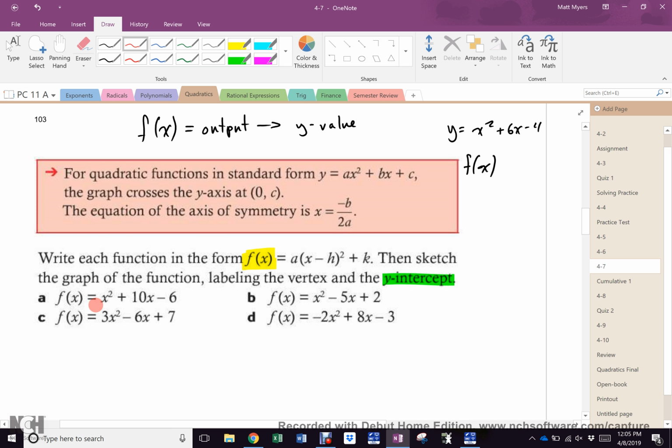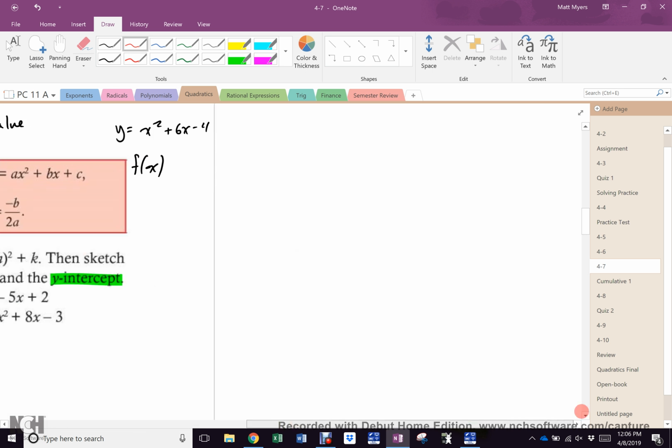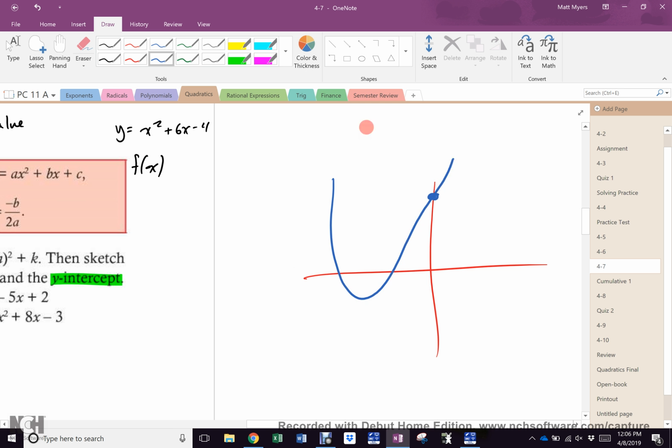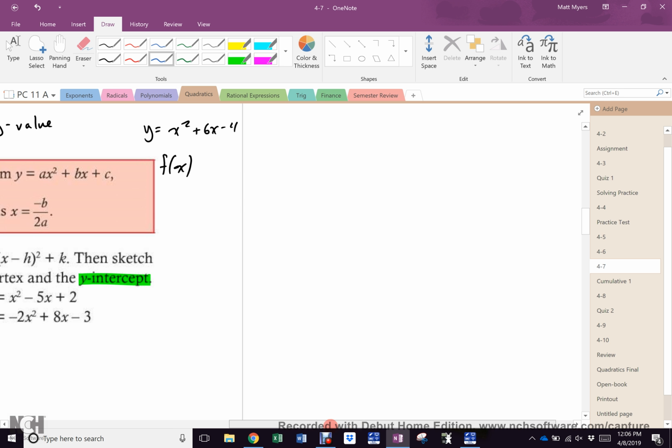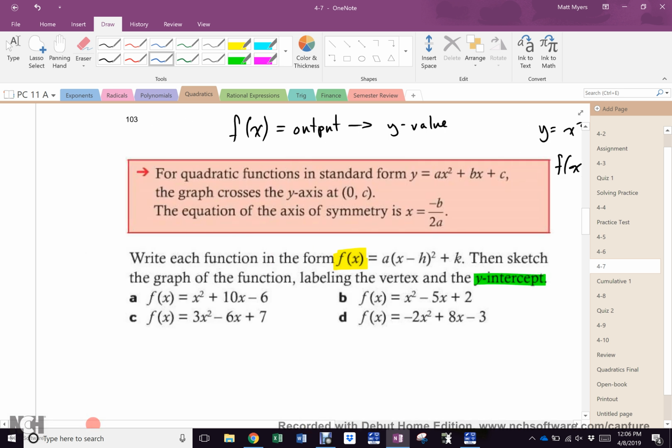So if I know the y-intercept and I know if it's positive or negative, then I'm already a long way to knowing what my graph is going to look like. Yes? If I have a positive y-intercept and it's a happy parabola, I know it's going to look like that or that, right? If it's negative, I know it's got to look like that. So it's a good thing to have stashed away in our heads.